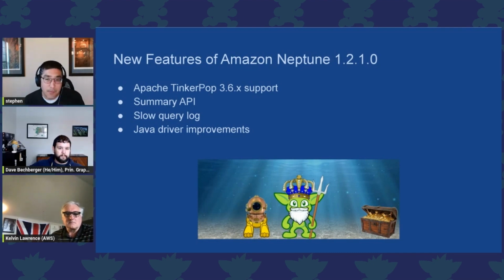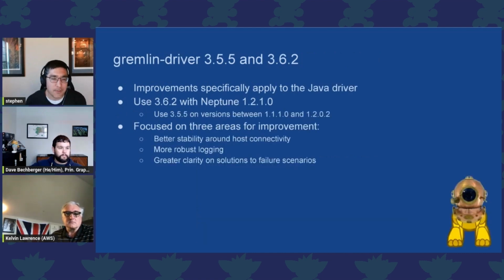It actually plays in a little bit to what I just wanted to talk about briefly, the improvements to the Gremlin driver, which happened in both 3.5.5 and 3.6.2. I know we're talking a little bit about 3.6.2 today, but 3.5.5 and 3.6.2 have these changes.